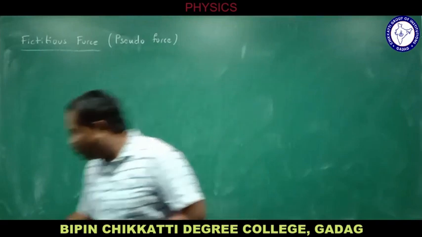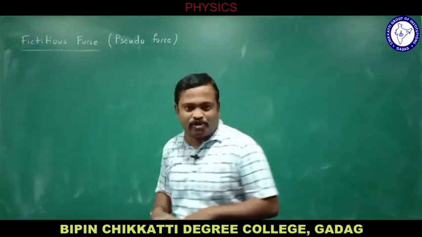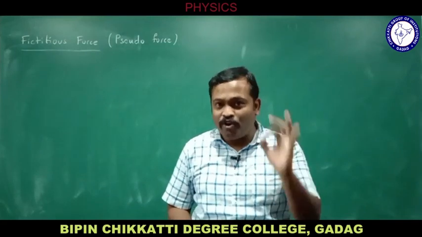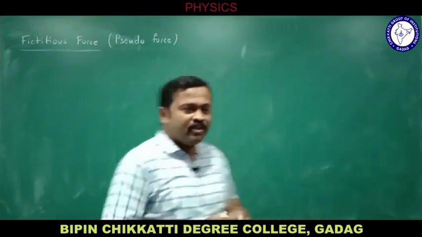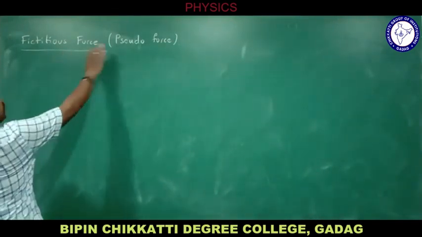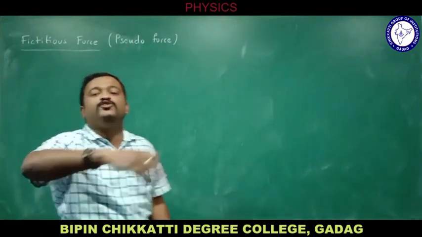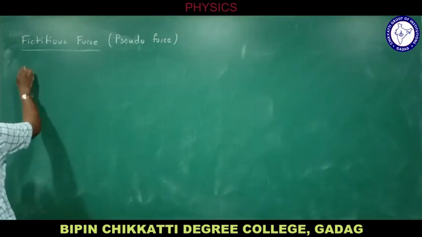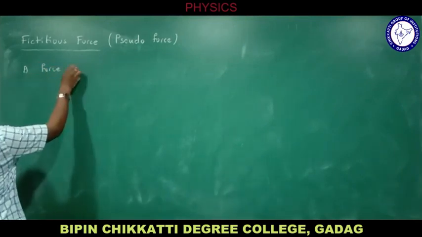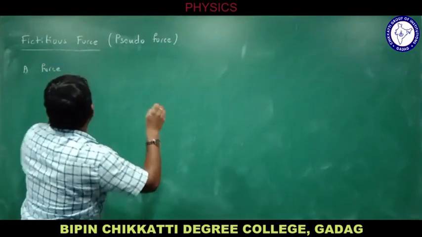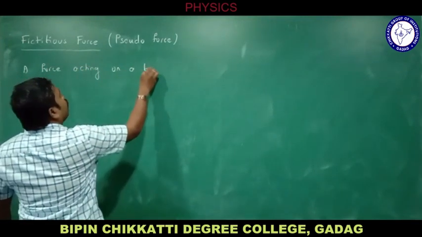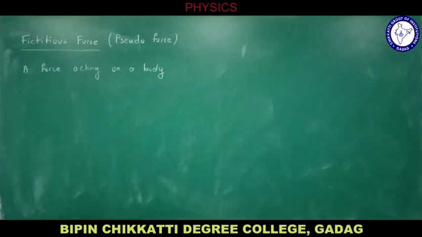Now let us understand about fictitious force, right? So fictitious force is a force which arises in a non-inertial frame of reference. Fictitious force, also called a pseudo force, does not exist at all, right? But it is experienced by a body. What is fictitious force?